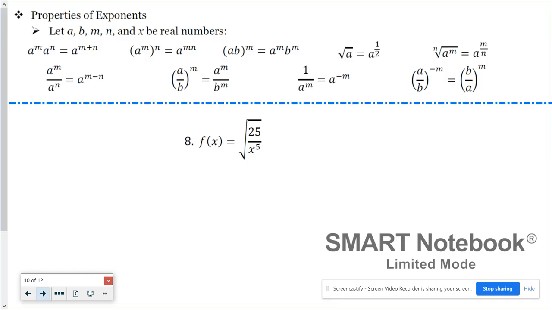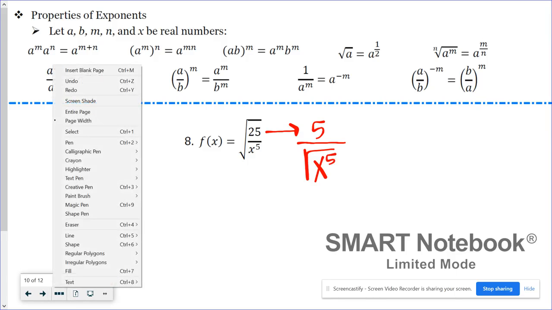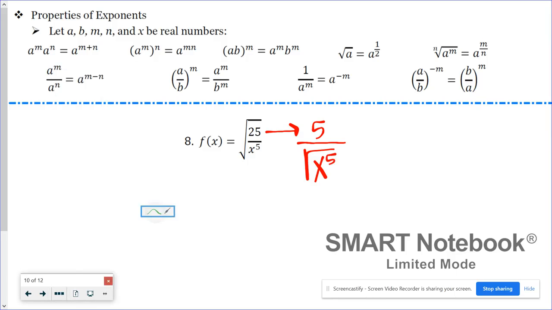Number 8, this looks kind of intimidating. I'm dealing with square roots. Now, when it comes to the square root of 25, I know the square root of 25 is 5, so I'm just going to straight up do that. On the bottom, I need to take the square root of x to the 5th. Now, back when we were working with exponential functions, we worked with this rule here.